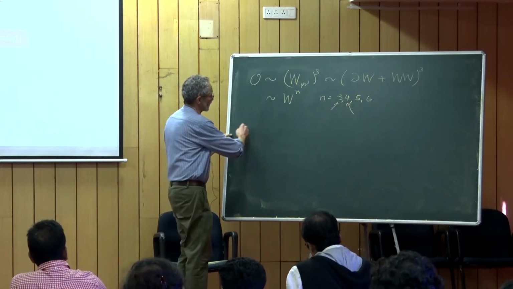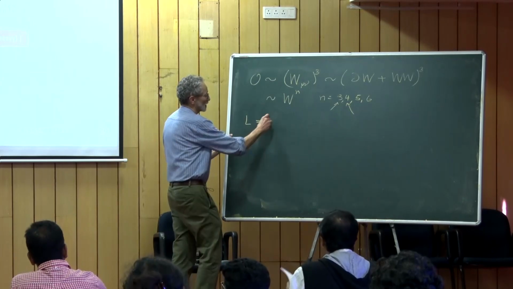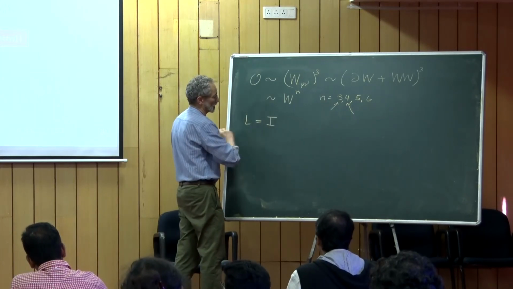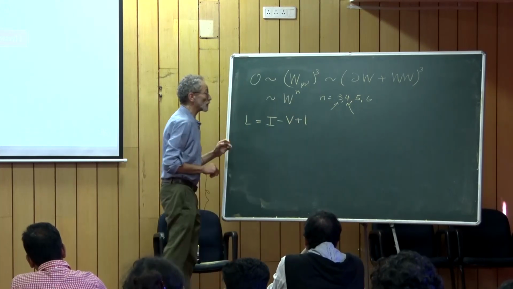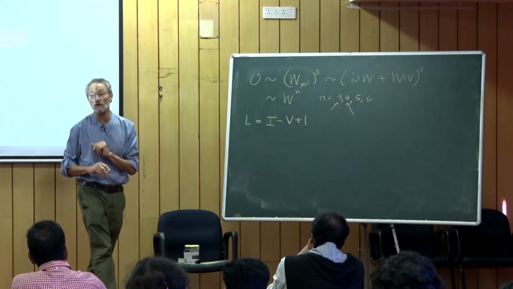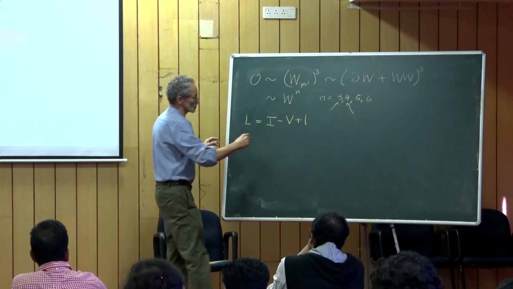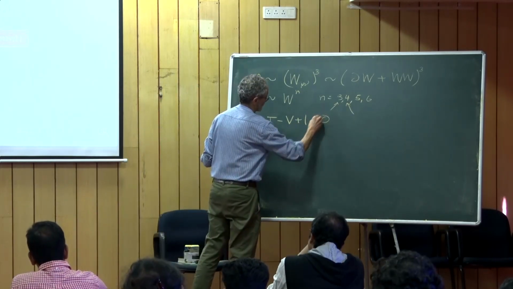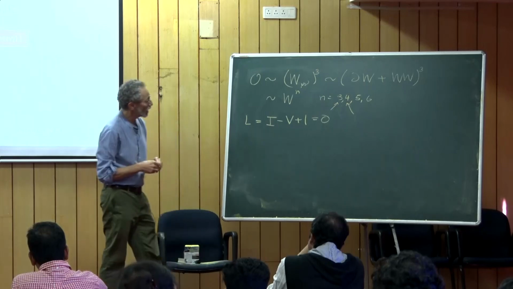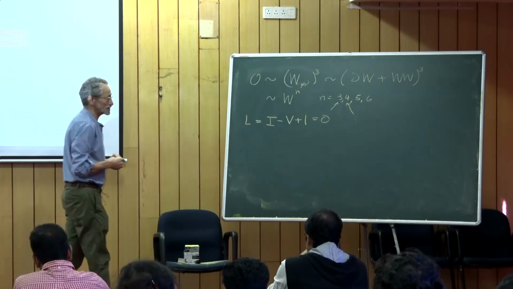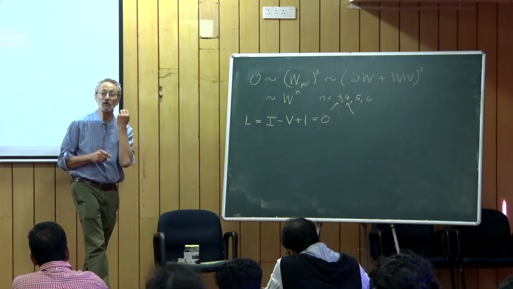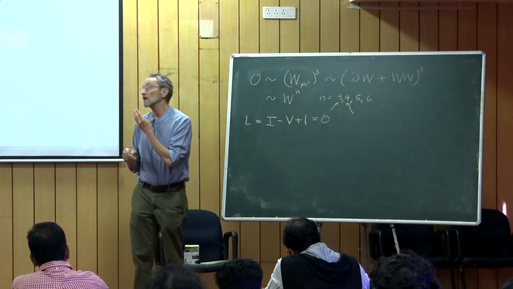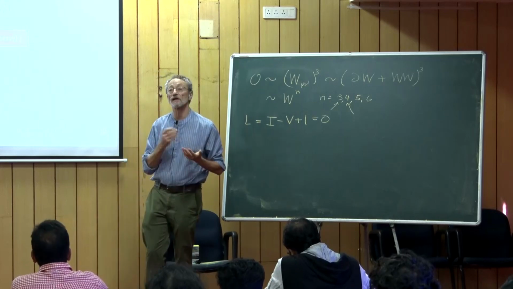The number of loops of any graph is equal to the number of internal lines minus the number of vertices plus 1. But I need this at tree level, so this is equal to 0. Next, my vertices in the Lagrangian have either 3 or 4 fields, because the underlying theory is a gauge theory.